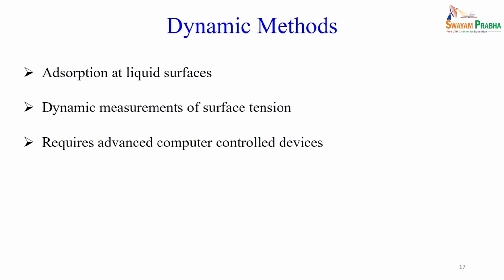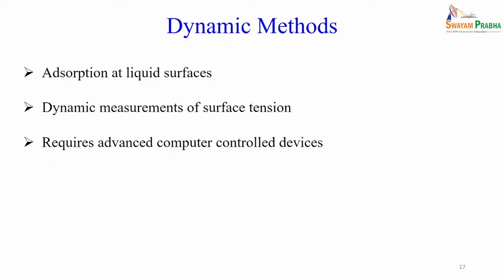In dynamic methods, typically if a liquid is coming to the interface, there will be adsorption at the interface. If there is adsorption, we should be able to see some sort of deformation at the interface, and a particular shape will be formed at the interface because of the surface tension. If you can measure what is happening at the interface, we should be able to estimate the surface tension.